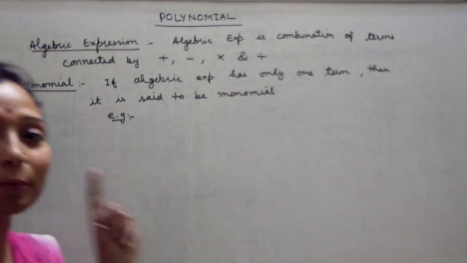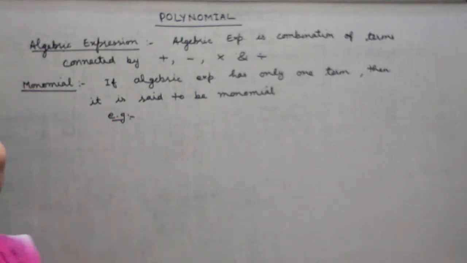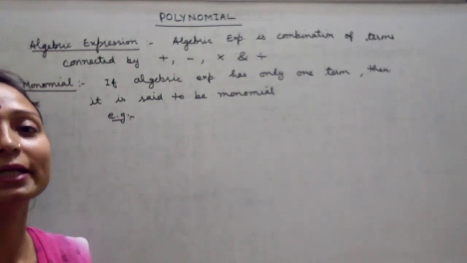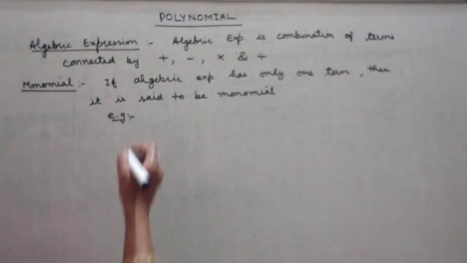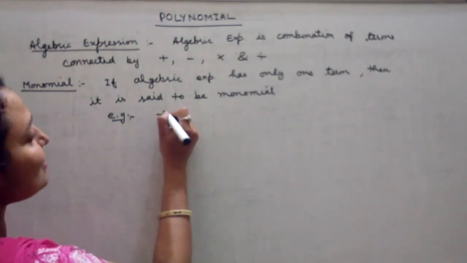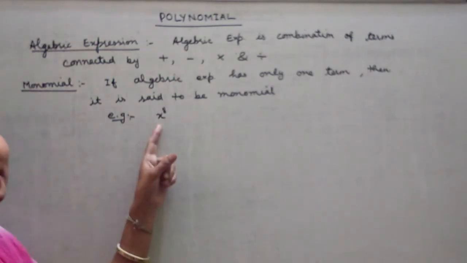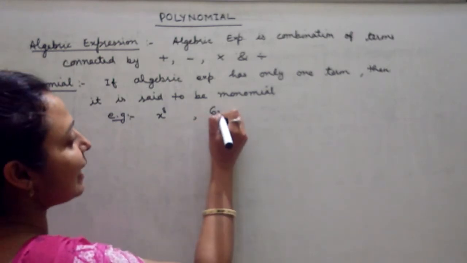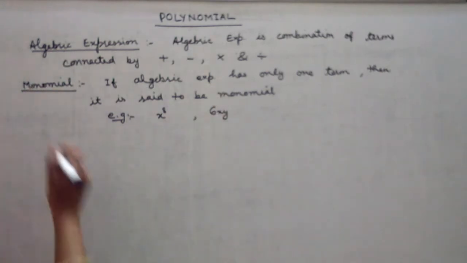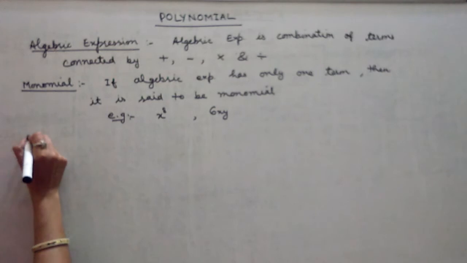One condition is compulsory in a monomial: there should not be any negative exponents. For example, x raised to power 8, only one term, therefore it is a monomial. 6xy is also a monomial.